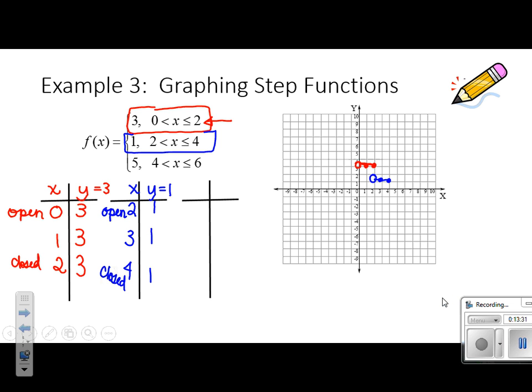Okay, and then we'll do the last one. The last one says y equals 5, graph where x is greater than 4, but less than or equal to 6. So the x values we would want here are 4, and it needs to be an open circle, 5 and 6 would be a closed circle.